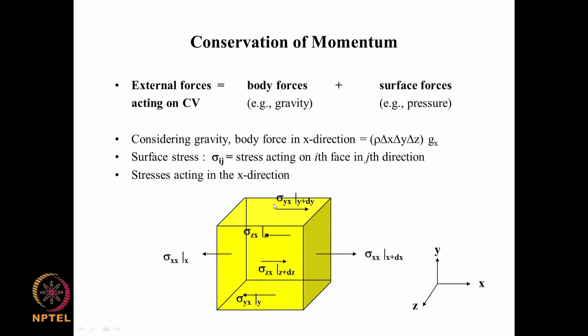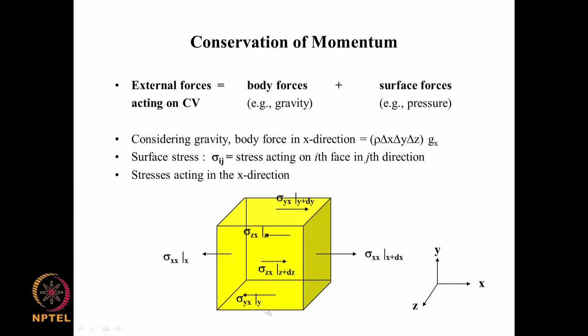For example, the center of this top face is right here, and the stress acting in the x direction on the top face is sigma yx, acting in the positive x direction. On the bottom face, the center is here, and the stress sigma yx acting on the bottom face is in the negative x direction.